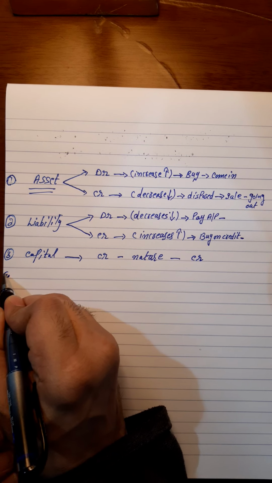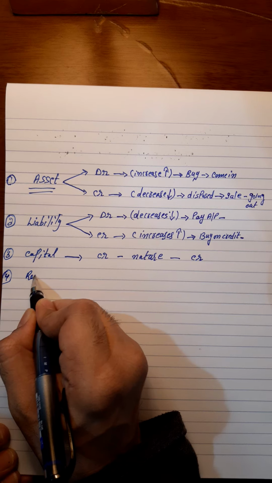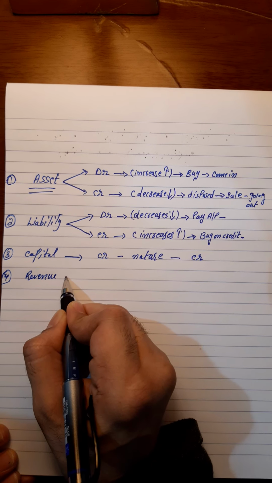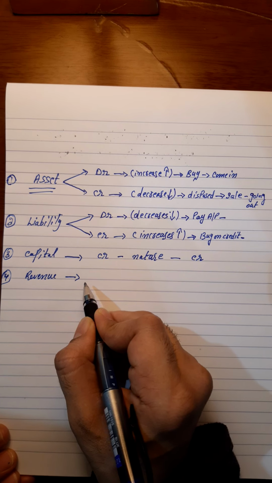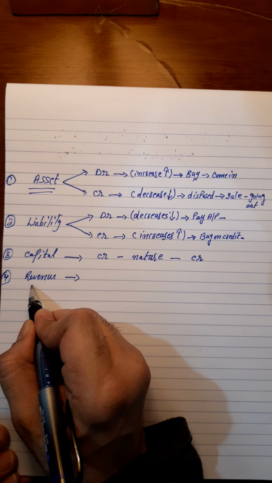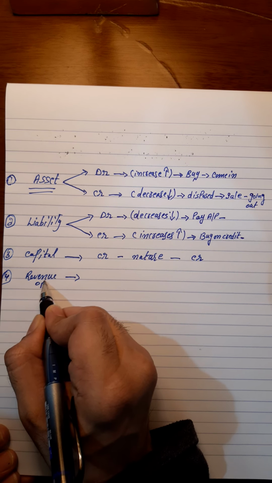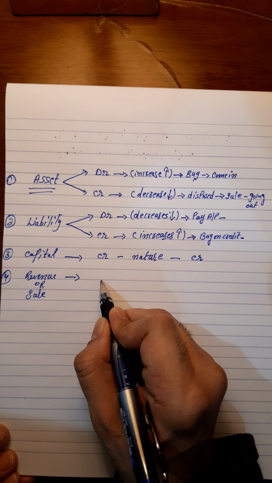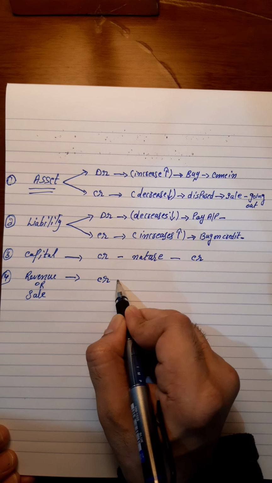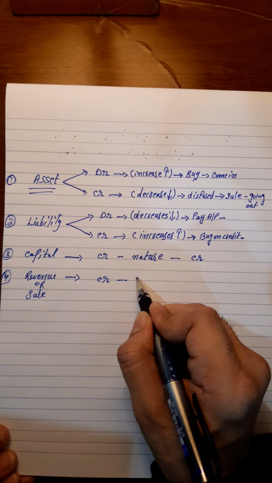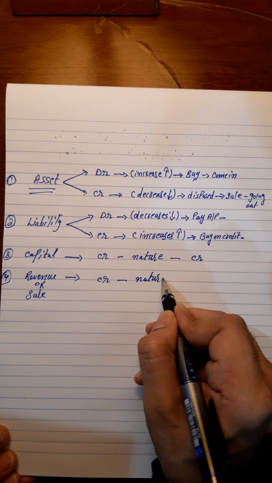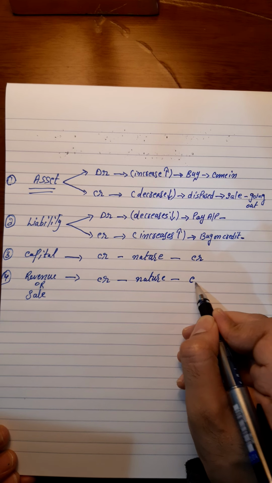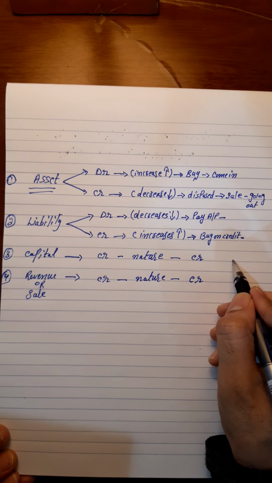Revenue or sale is of credit nature. Revenue and sale will be credit in accounting.